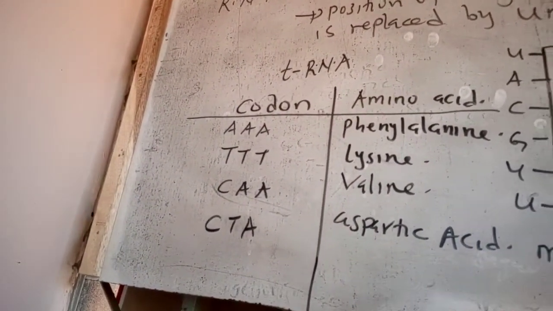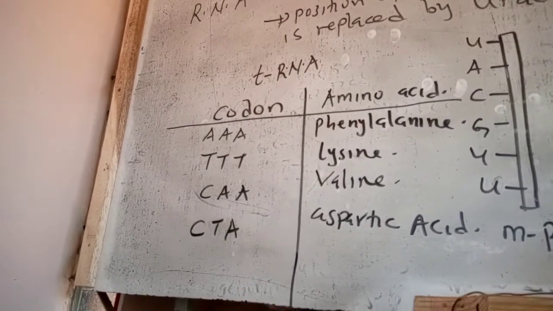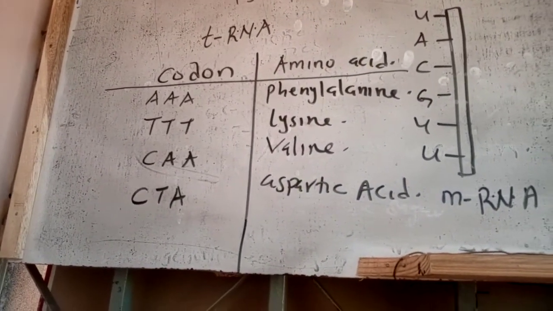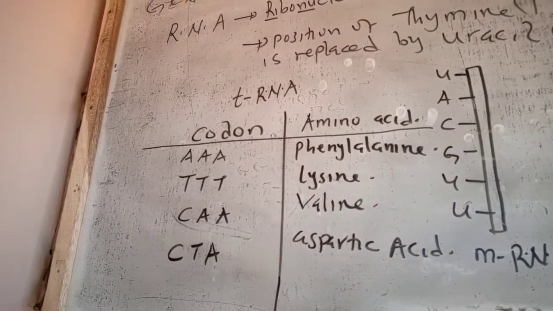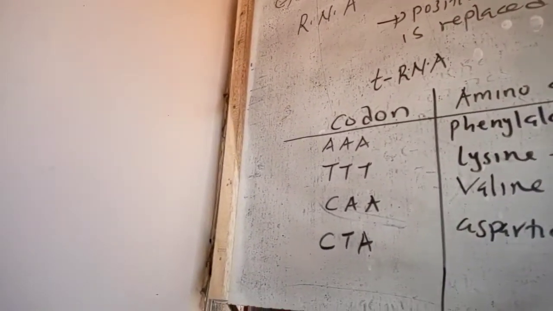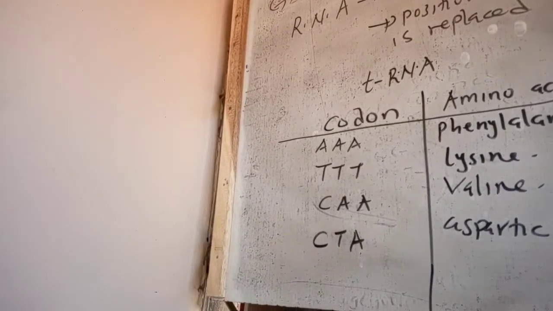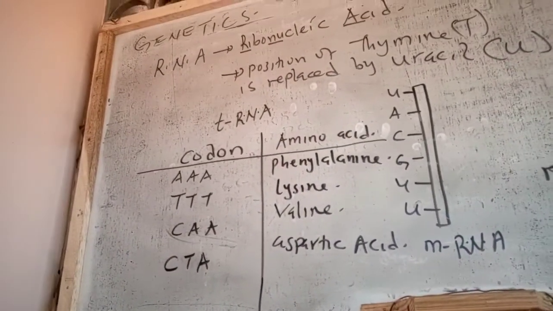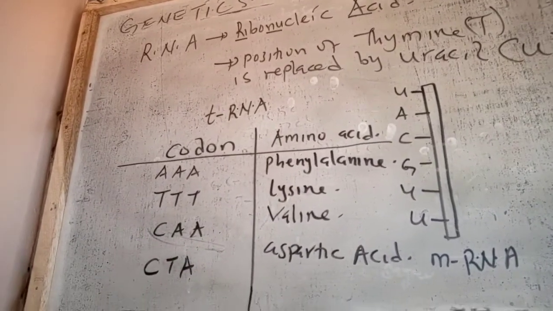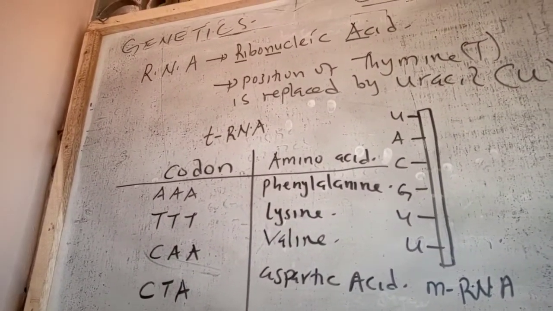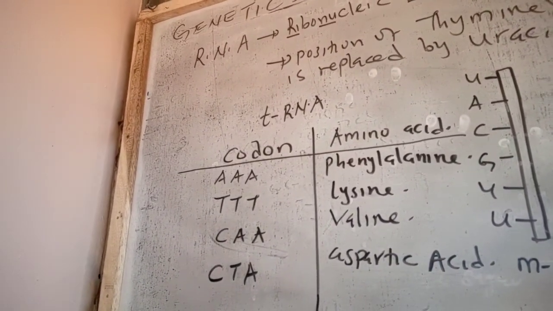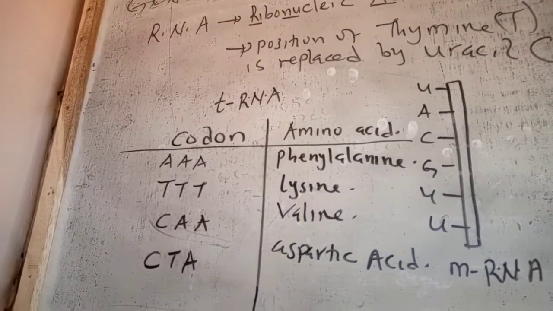And therefore, as far as the four codons are concerned, I'm not saying that they are only four, but there are different types of codon, but in this lesson we will only discuss the four types. That is AAA, then TTT, CAA, and also CTA, and also the respective amino acid which they normally assemble from the amino acid pool.